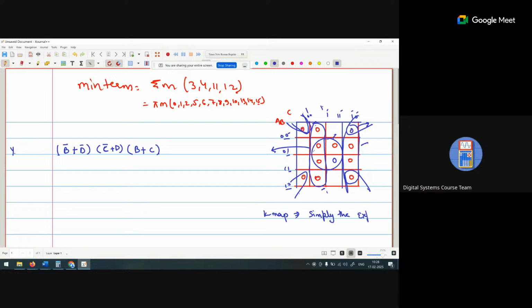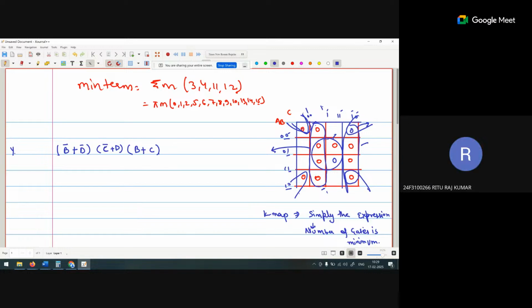The expression is simplified so that if we implement it, the number of gates should be minimum. That's why we use the K-map. Now, if we simplify the expression and use four terms in place of three terms, where we can create three groups, which is sufficient, why should we go for four groups?